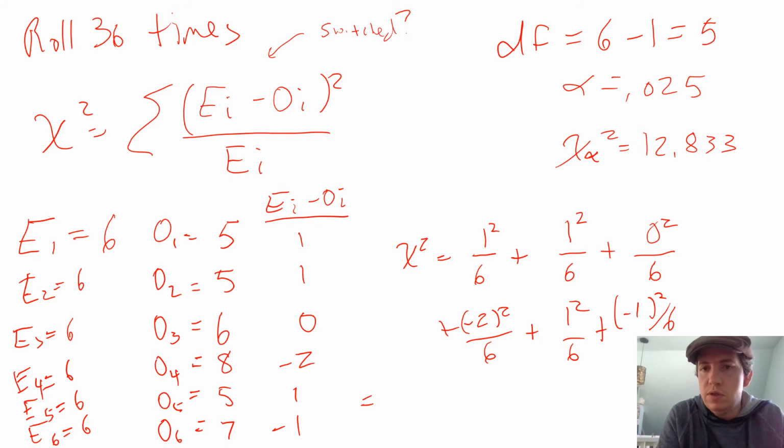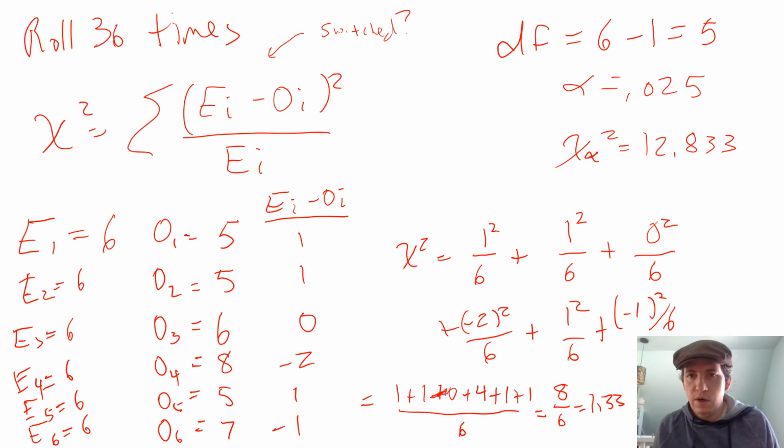Which is equal to 1/6 times 1 plus 1. These all have a common denominator, so I can do 1 plus 1 plus 0 plus negative 2 squared, which is 4, plus 1 plus 1, all divided by 6, which is equal to 8 divided by 6, which is 1.33.